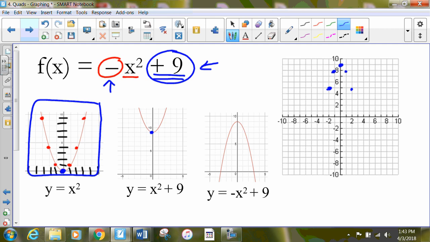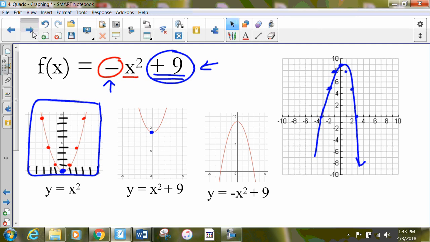But this time, because of that negative, it's 9 times negative 1. So that means when I go 3 to the right or 3 to the left, I go down 9. Whoops, I should be at 0, shouldn't I? I went down 10 instead of 9. So I went down 9. And there you have it. All right, that was a little messy. I should have tried to hit all the dots perfectly.